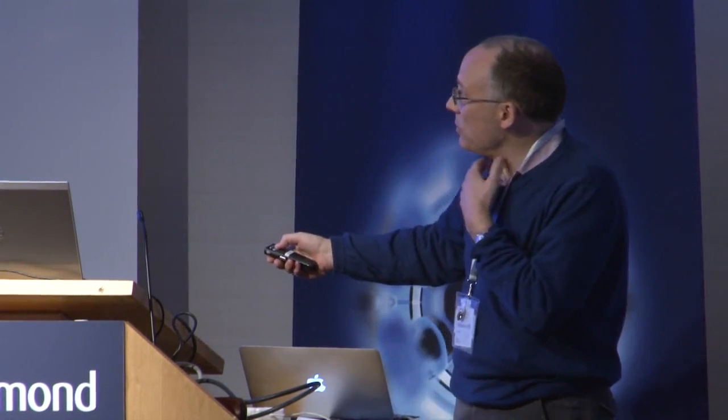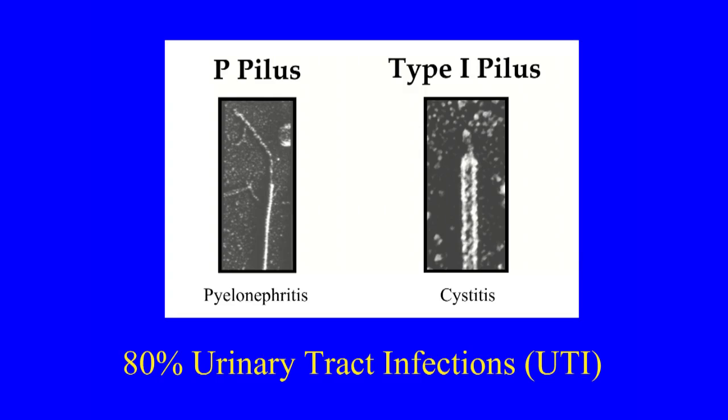Those are pictures of the 2 types of pili. One we call the P pilus, and any bacteria that produce this kind of pili, the P pili, would want to be targeted to the kidney. And so that causes pyelonephritis, or infection of the kidney, and that's a prevalent disease in newborns.